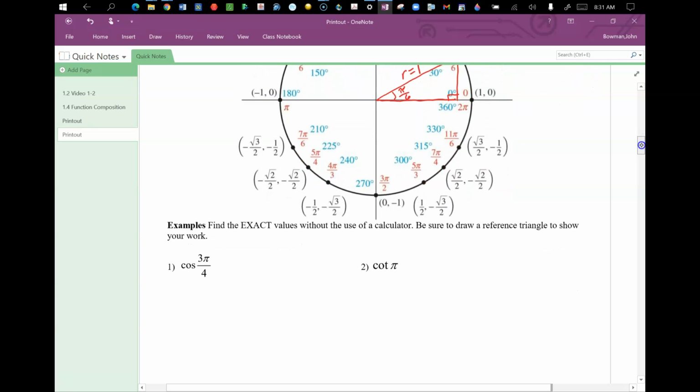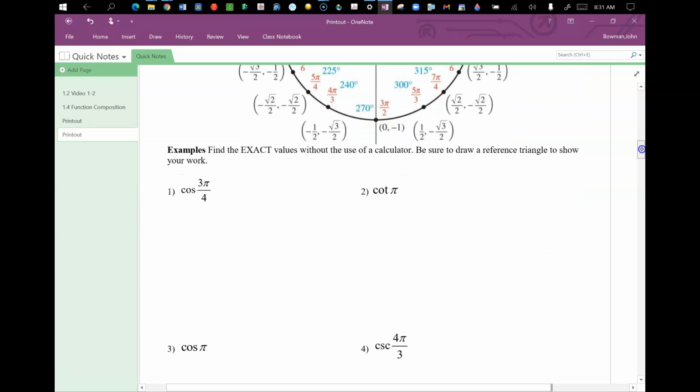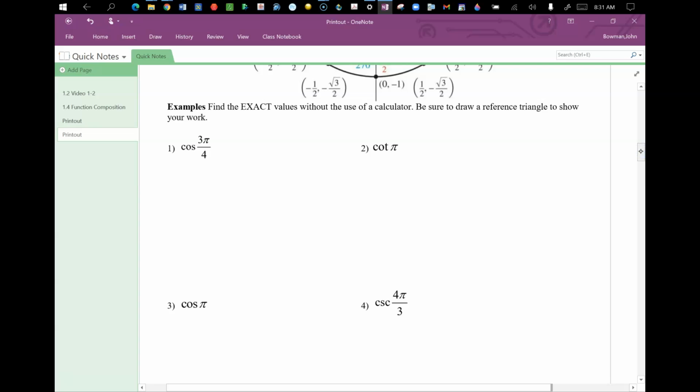So essentially, what we want to do is a little practice finding trig ratios for angles outside of quadrant 1. So we're going to do exactly what I said we should do earlier. We're going to draw a picture.